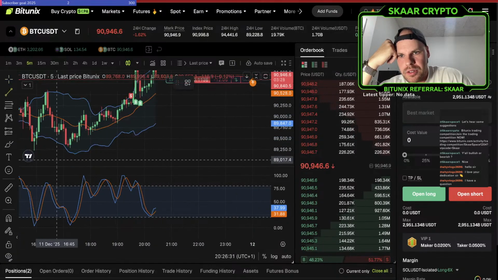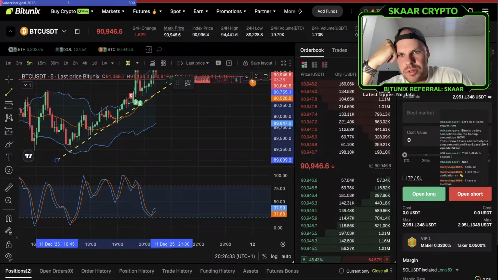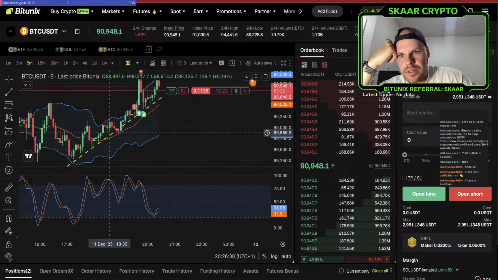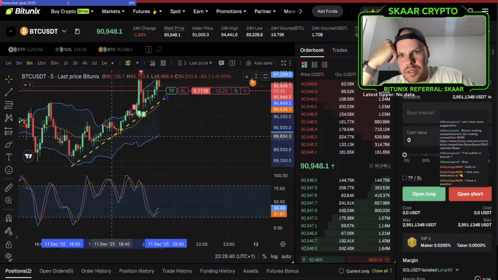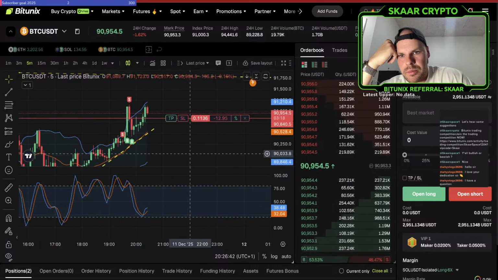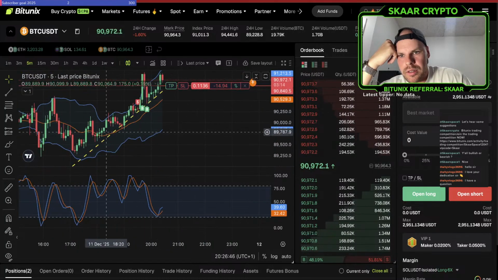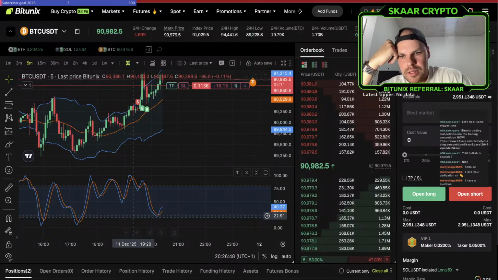This has just been such a long, steady increase. It's just been so freaking long. Steady, slow, and steady upwards, right? So I'm thinking it has to break. It has to break sometime.